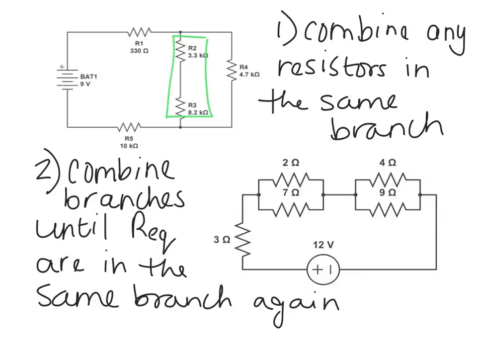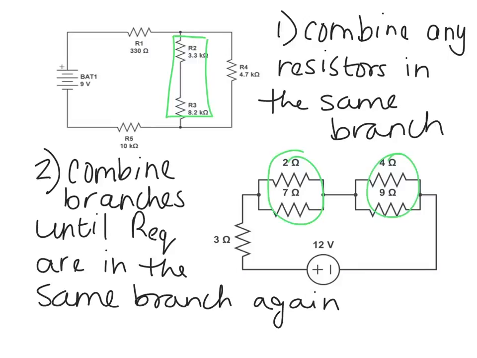What I mean by that is I would combine the 2 and the 7 like I did before, and then I would combine the 4 and the 9 like I did before. Now those equivalent resistors, that one resistor is equivalent to the 2 and the 7 combined, and the other one is equivalent to the 4 and the 9 combined, then I will have the 3, and I think it was 1.56 and 2.77, now they're in the same branch again, and then I can go back to step 1 and combine any resistors in the same branch, and I just keep doing that over and over again.